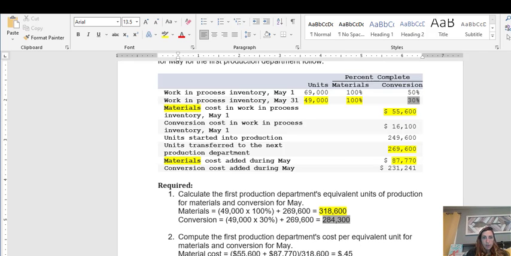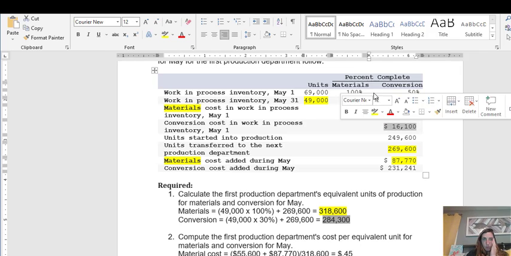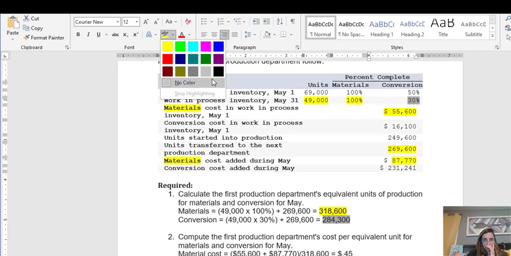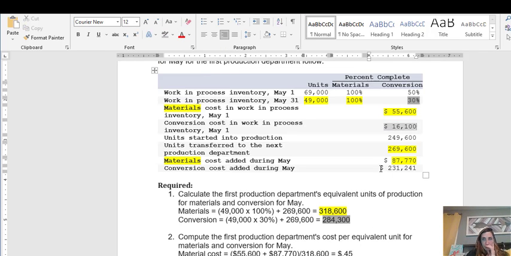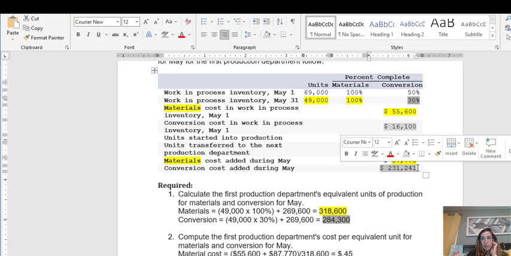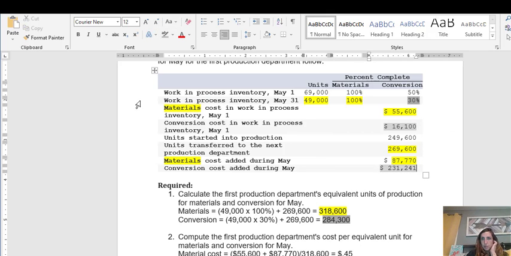Conversion, we complete the math with the same process. We're going to add up all the conversion costs. The beginning conversion cost was 16,100. And then my additional conversion cost for the month, $231,241. Then I'm going to divide all of that by the equivalent units for conversion.